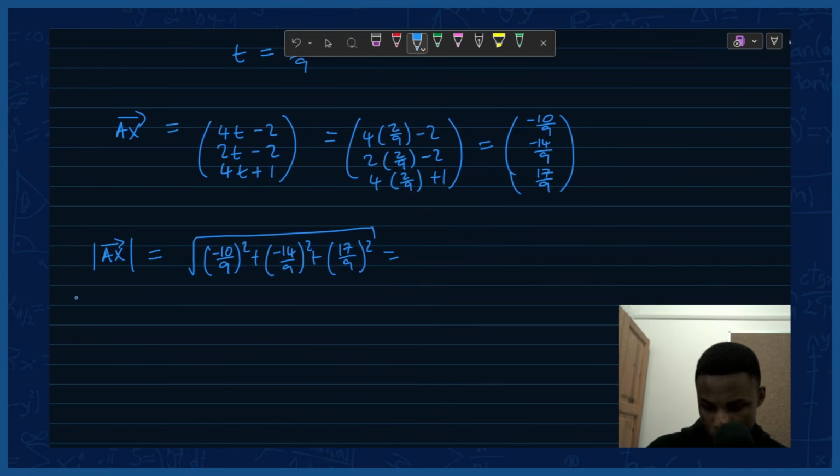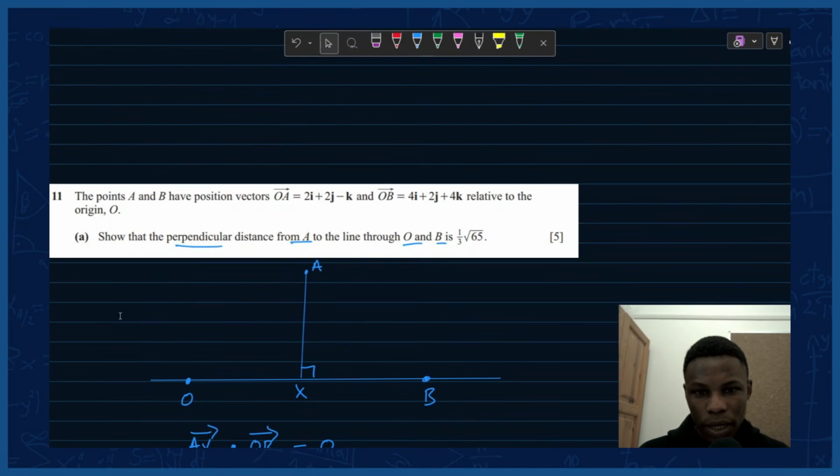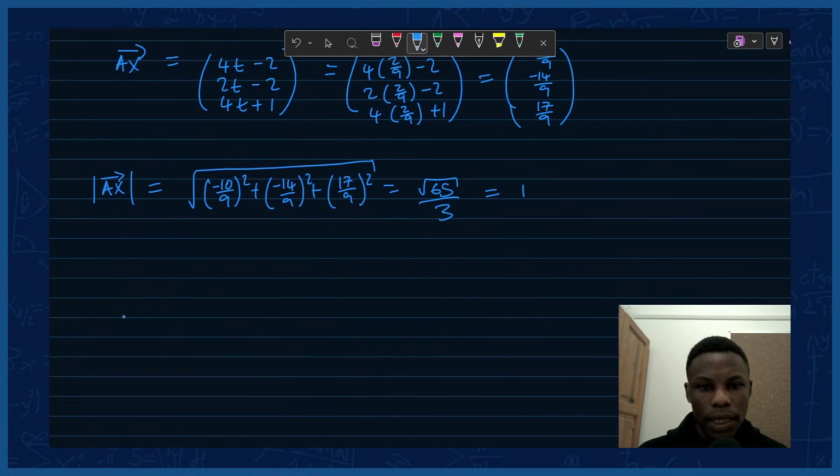The square root of minus 10 over 9 squared plus minus 14 over 9 squared plus 17 over 9 squared, and that gives us root 65 over 3, which I'm pretty sure is what we were supposed to prove. A third root 65, yeah. Okay. And so that's going to be the final answer.